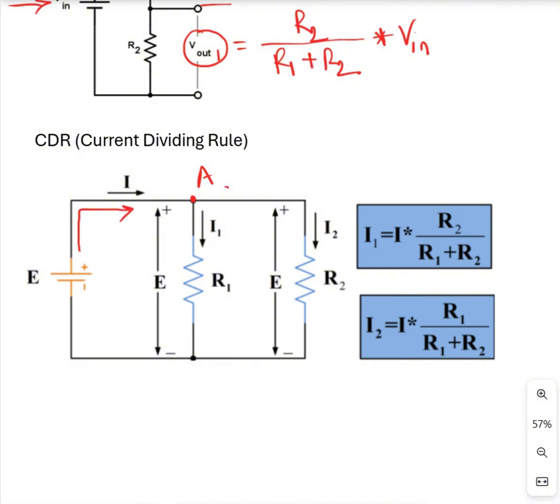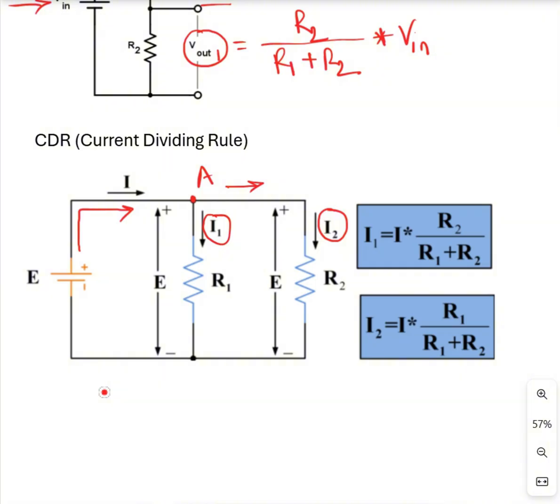One goes up in this direction, and that is I2. Another goes through this R1 resistor, that is I1. The I1 and I2 are the split currents from I, the total current.